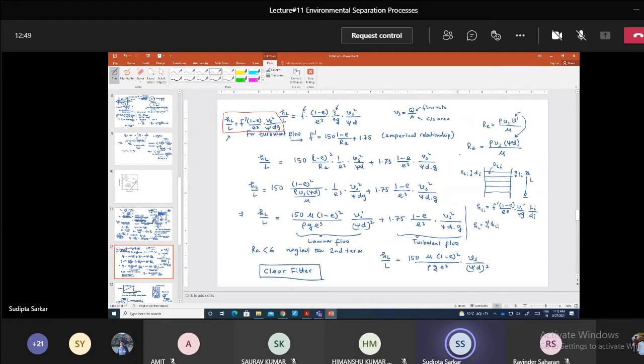Let me separate it again. So all the HLi will be summation, and then what you get is this part is kind of the same for everyone. So I can write, actually this F dash, if you look, this F dash is also not the same for everyone. Now you can see F dash is equal to 150 (1 minus E) by Re. What is Re?